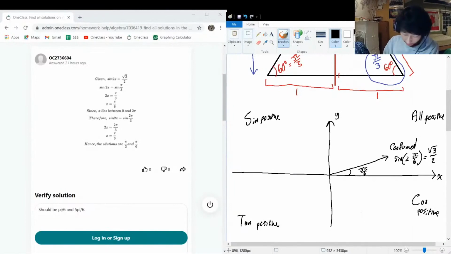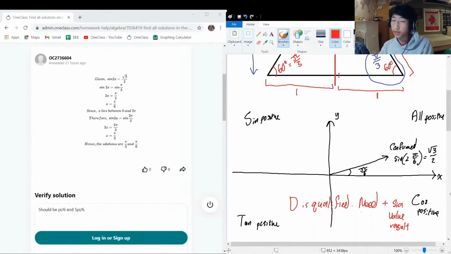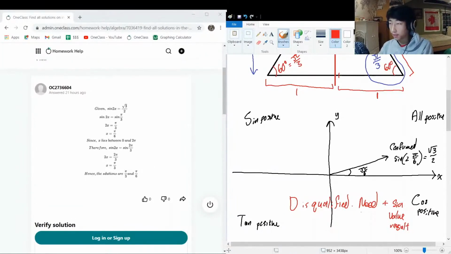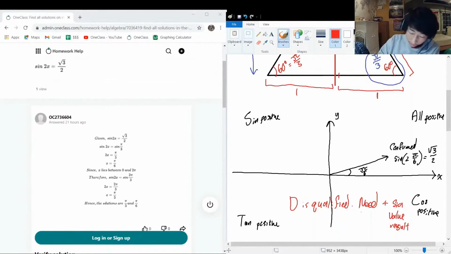Since we're working with sine, these two downstairs are disqualified. We need a positive sine value. Otherwise, the result of doing a sine is going to be a negative number, and clearly the answer we are given is not a negative number. So we can't have that.